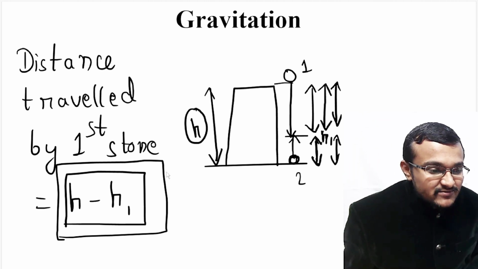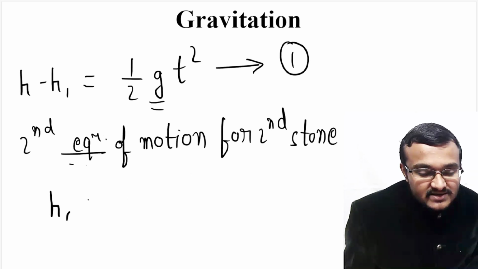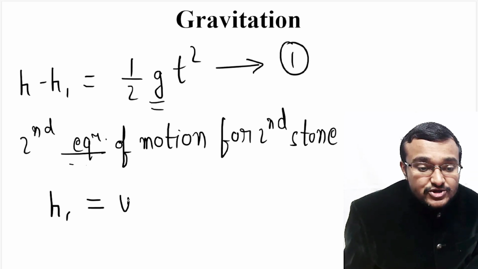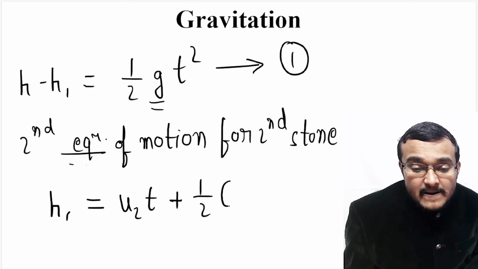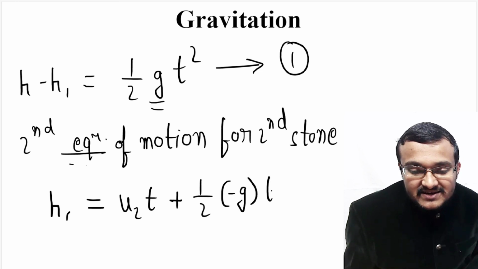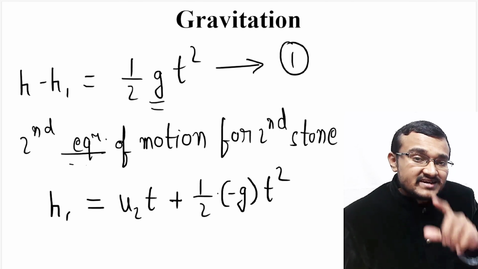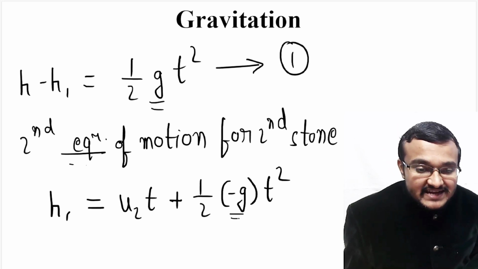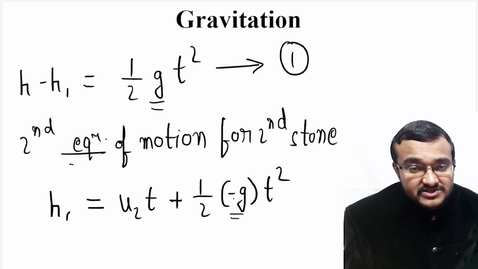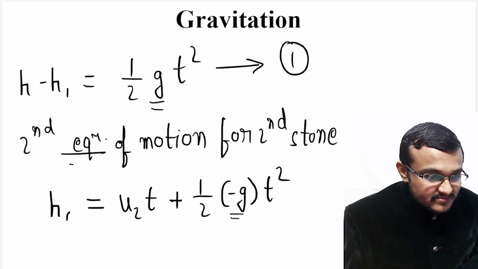So the second equation of motion for the second stone will be h1 is equal to u2t plus half minus g t square. Why I am taking minus g is because the second stone is traveling against the gravitational force. So negative acceleration due to gravity will be applied on that stone. So half into minus g into t square will be there.